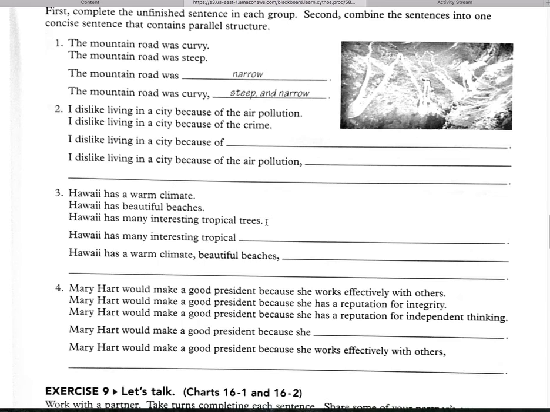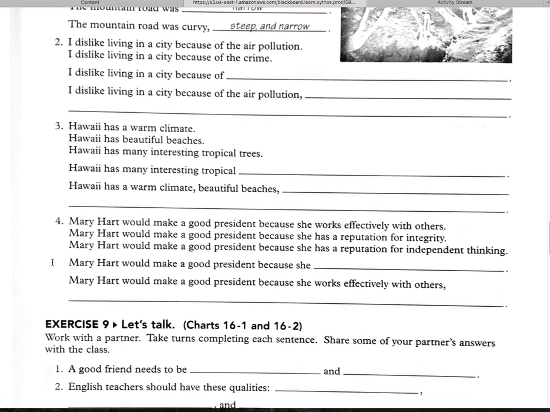Interesting tropical trees, modified noun. So you say Hawaii has many interesting tropical, let's go with flowers. Tropical flowers, modified noun. So you can say Hawaii has a warm climate, comma, beautiful beaches, comma, interesting tropical trees, optional comma, and tropical flowers. Okay? Now we look at number 4. I'll give you a couple of minutes to finish number 4.